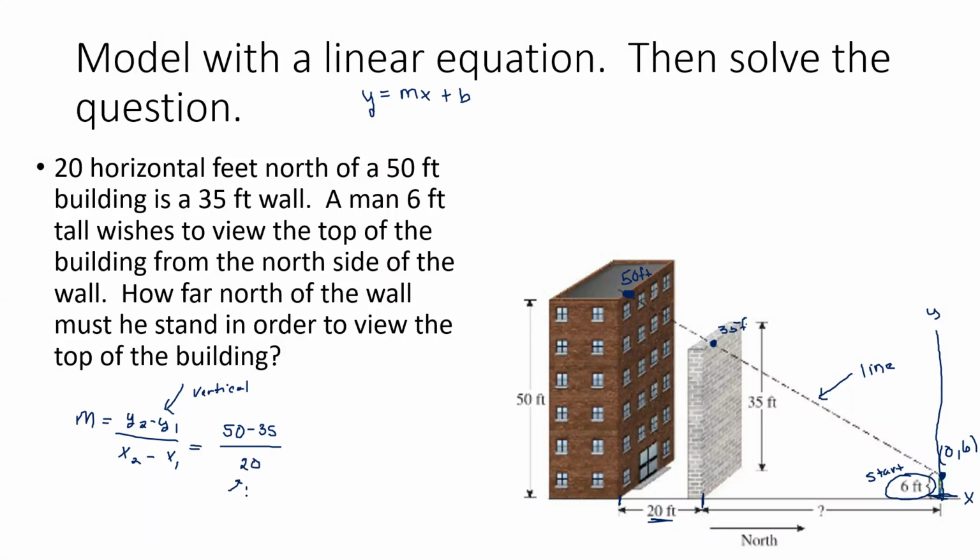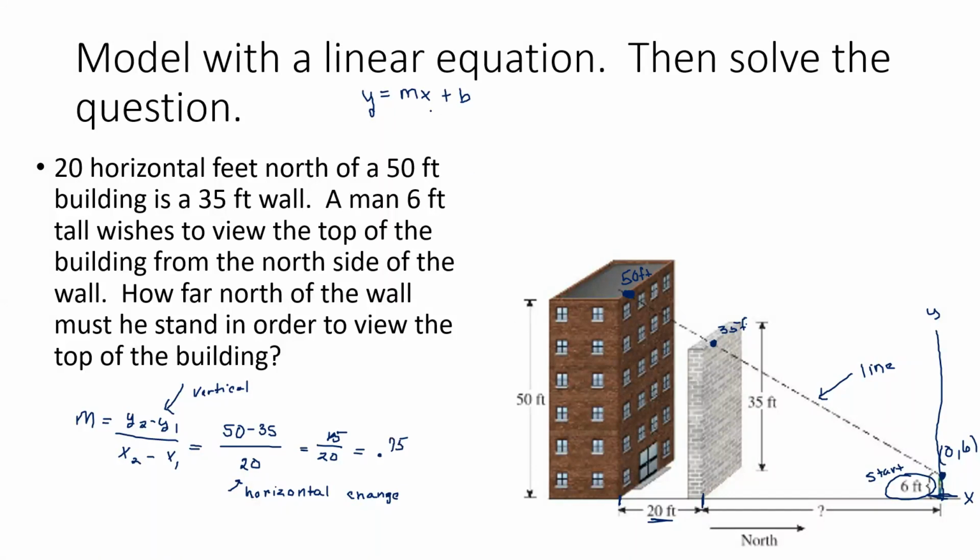So this is the horizontal change, just all calculated for me because it's telling me that they are 20 feet apart, so 20. So I do the math and I have 15 over 20. And if I divide that out, because I'd rather work with the decimal, 0.75.